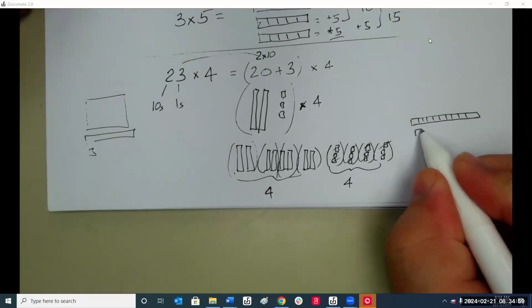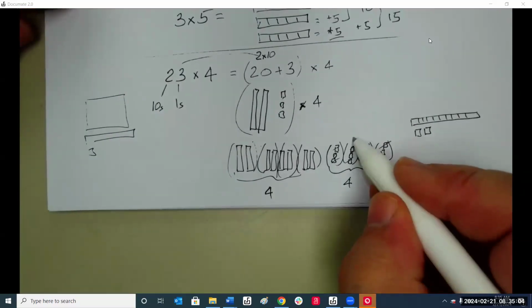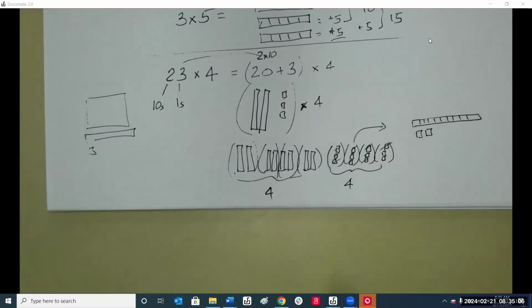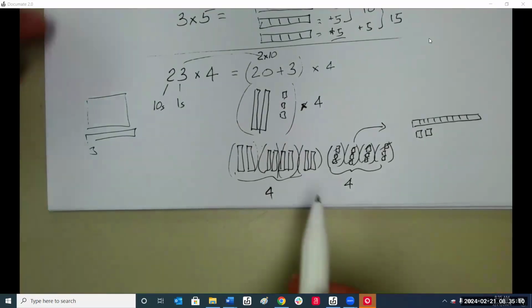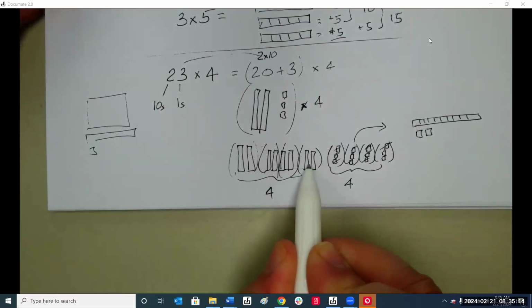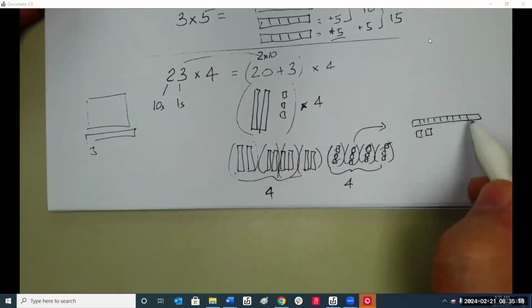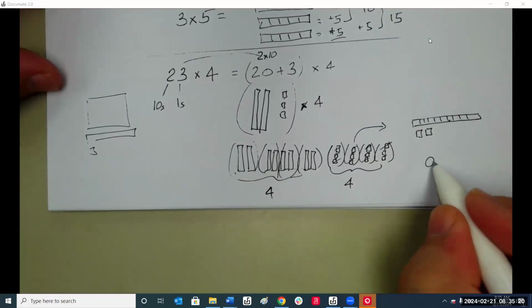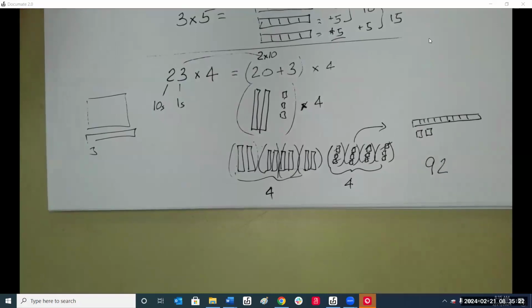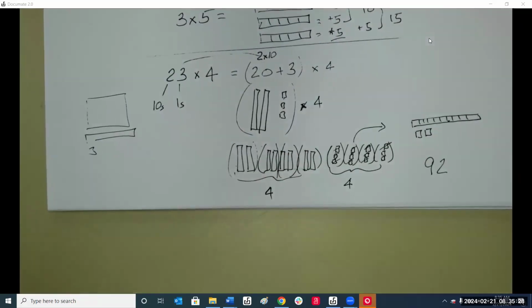And then we're going to have 2 leftovers. That's this. We have a 10 with 2 left over. So then we add up all these, the long ones. We have 1, 2, 3, 4, 5, 6, 7, 8, and this one. So we have 9 long ones and 2 short ones. And that's exactly what 23 times 4 means.